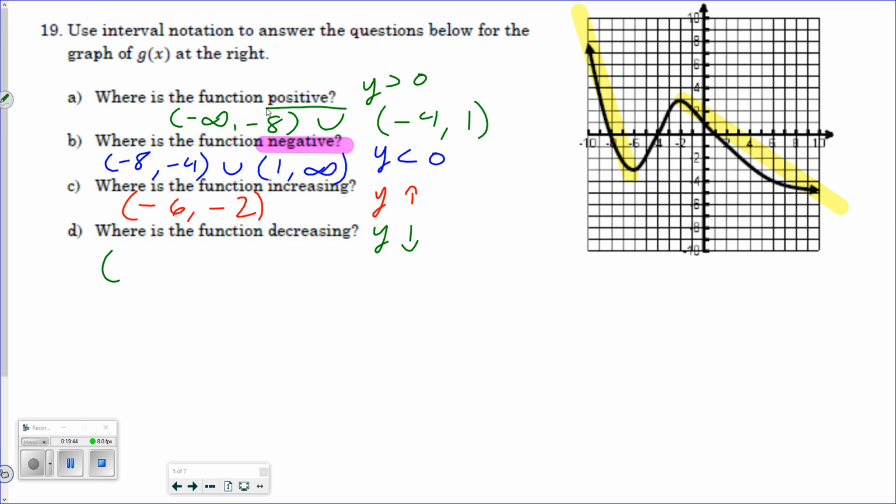So we can say from -infinity to -6, and from -2 to infinity. All right. So again, you read graphs left to right, least to greatest, and a function is increasing when the y's go up as you read left to right, and decreasing when the y's go down.